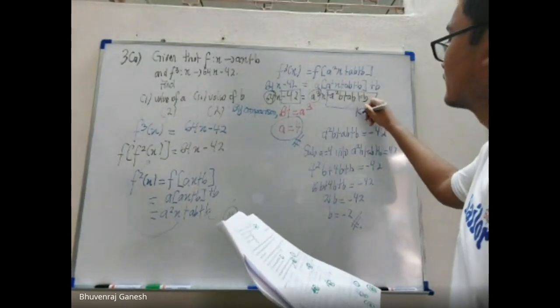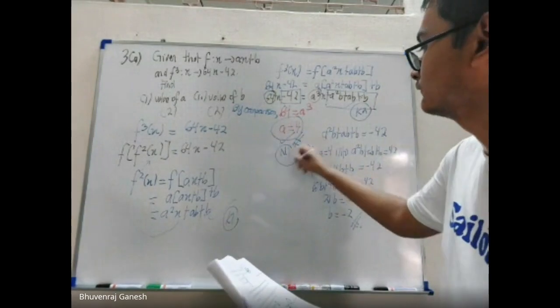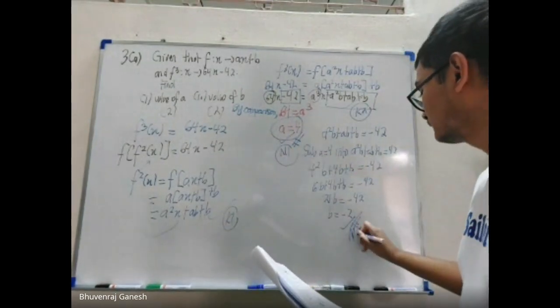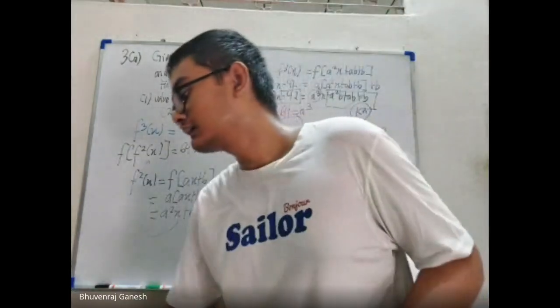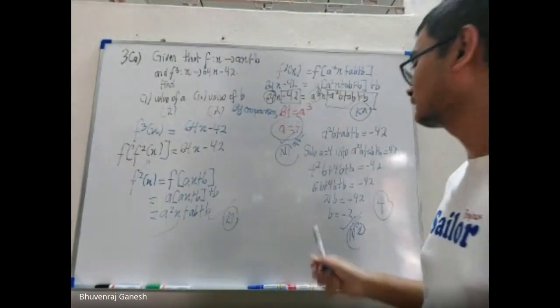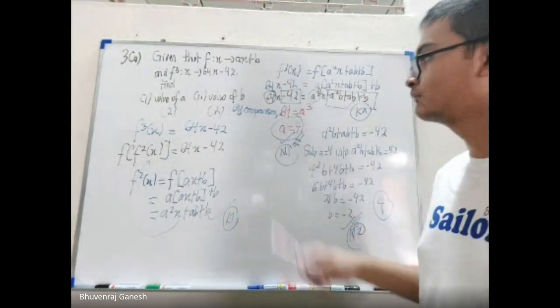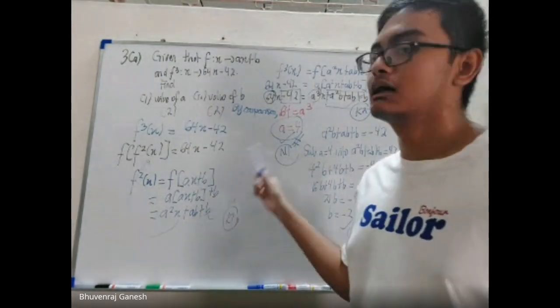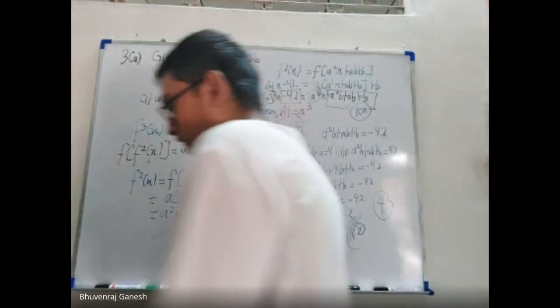So this one you get K2. And when you get A and B, you get N1 and N2. So total is 4 marks here. So in this case, you're safe. If let's say your B value you get wrong, you still only get deduct 1 mark and not 2 marks, because the marks are separate for each answer. The working counts for 2 marks. So yeah, this is how you solve for 3A1 and 2.